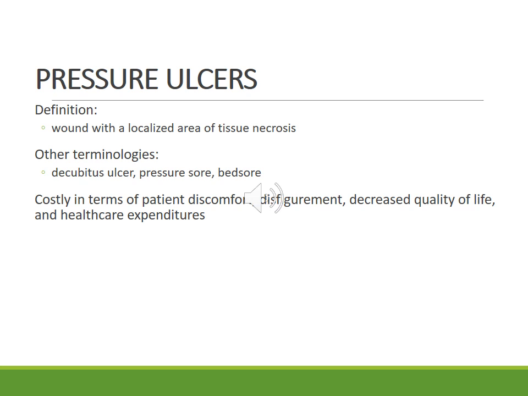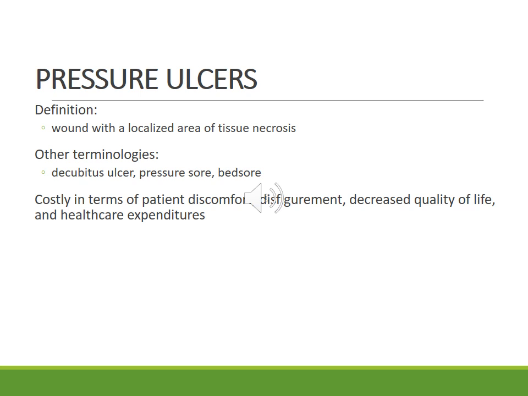So I've already mentioned this a little bit, but the definition is a wound with a localized area of tissue necrosis or tissue death. Other terminologies you may hear this called by are a decubitus ulcer, a pressure sore, or a bed sore. These are very costly in terms of the patient discomfort and the disfigurement they can cause.